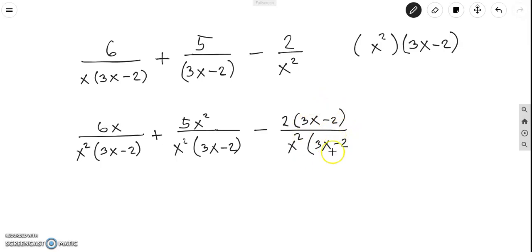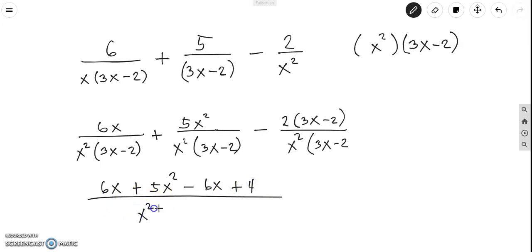From this expression, we can add and also subtract, so we can combine these into one expression, which equals 6x plus 5x squared minus 2 times 3x, which is 6x, and then negative times negative becomes positive, so plus 4, all over x squared times 3x minus 2.